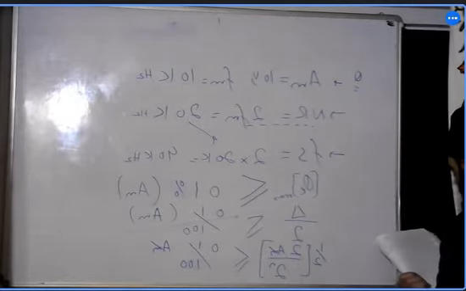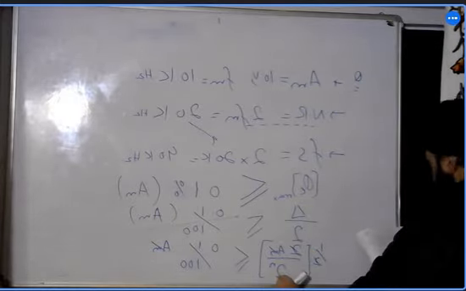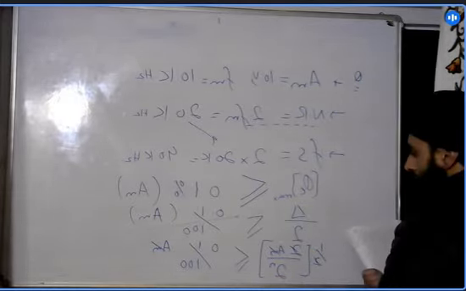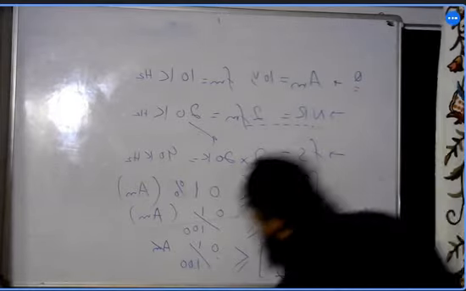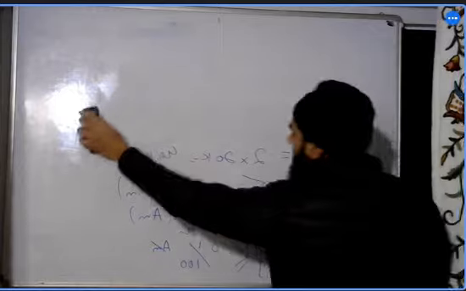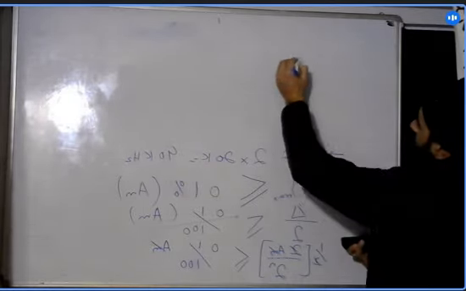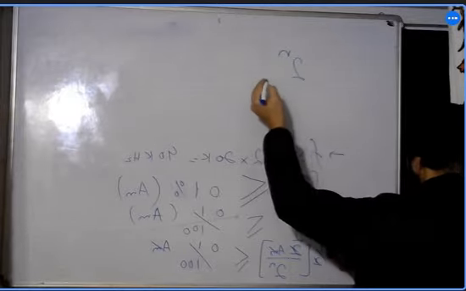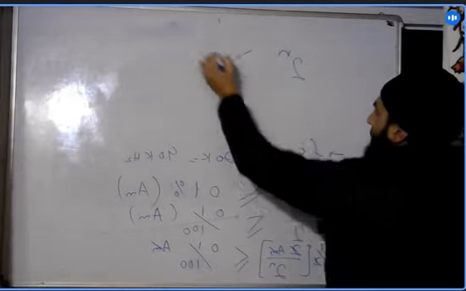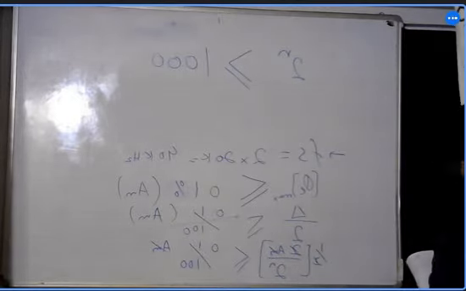Am cancels out, 2 and 2 will cancel out. What we are left with is 2 raised power n. Please write along. So at the end you have 2 raised power n greater than or equal to 1000. Please see whether I did it right or wrong.